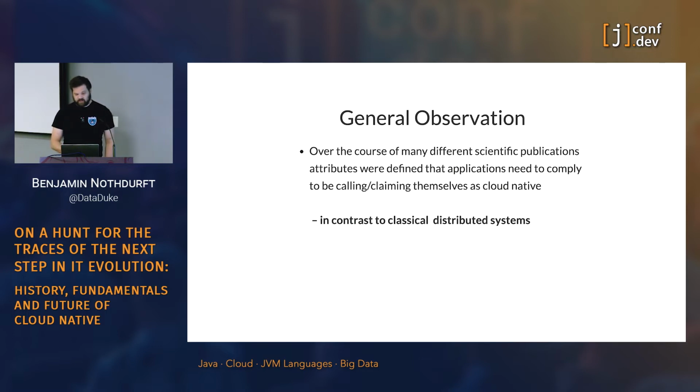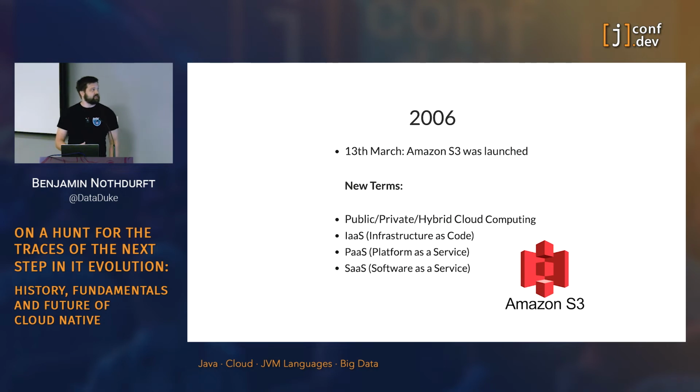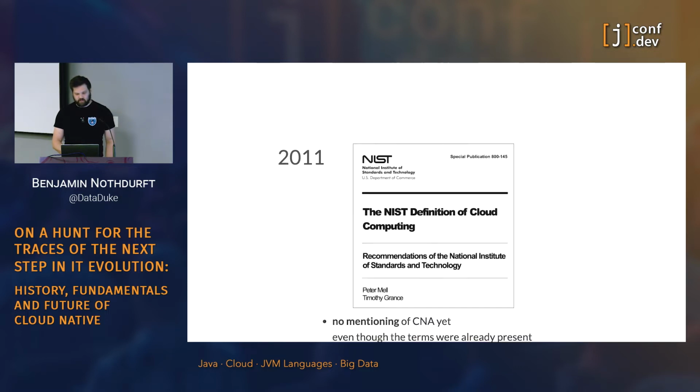And this is put into contrast to classical distributed systems. 2006 is a nice year. At that time, Amazon launched S3 buckets for the first time. And in the industry, quite new were terms like private cloud, hybrid cloud, infrastructure as code, platform as a service, or software as a service.